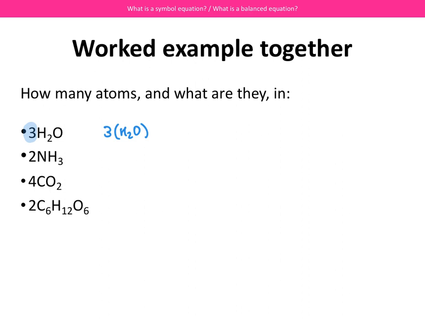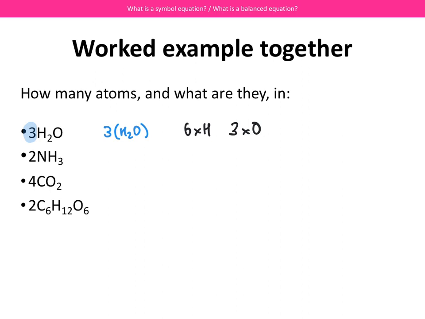So when we did H2O, we knew there were 2 hydrogens and 1 oxygen. So if we have a big 3 outside, then that means we have 3 times what we said was inside the brackets. So we have got 6 hydrogens because it's 3 times 2. And we have got 3 oxygens because it's 3 times 1. There's no number after the O, so that means its value is 1.